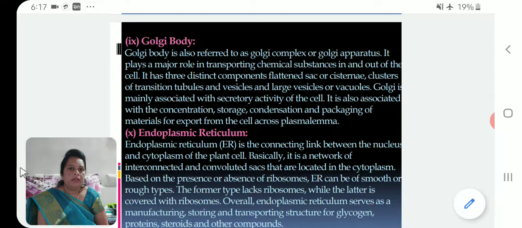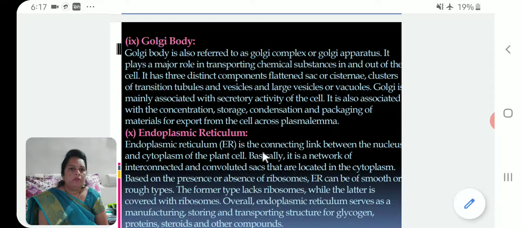The Golgi body is mainly associated with the secretory activity of the cell. It is also associated with the concentration, storage, condensation and packaging of material for export from the cell across the plasma membrane.